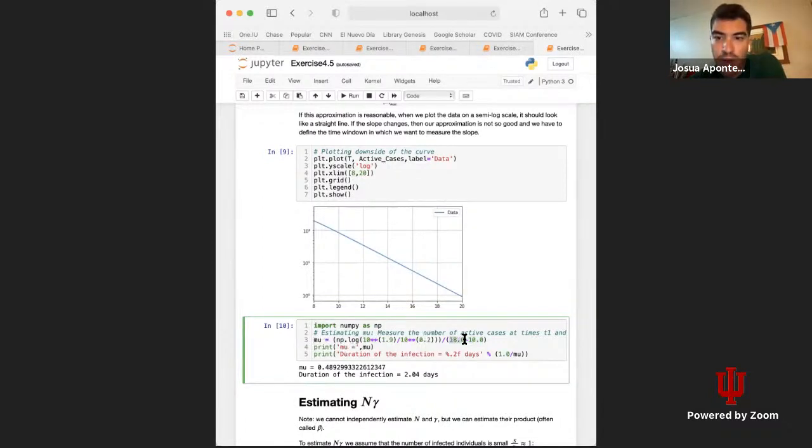So again, all you have to do is in this line, this is the first time point, this is a second time point. So I change it to be 16 and 12. And then here are the values. The first value, or the highest value, is 10 to the 1.3.